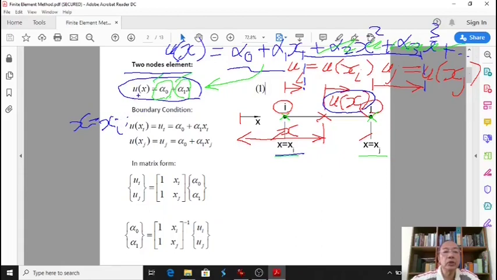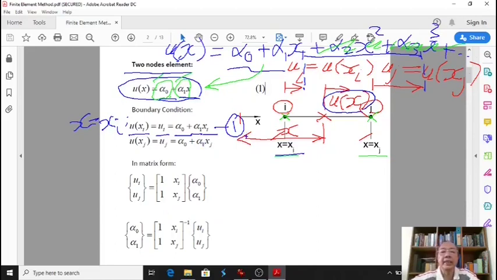So u of xi equals ui, and this is equal to alpha 0 plus alpha 1 x, now x equal to xi. So this is equation 1.